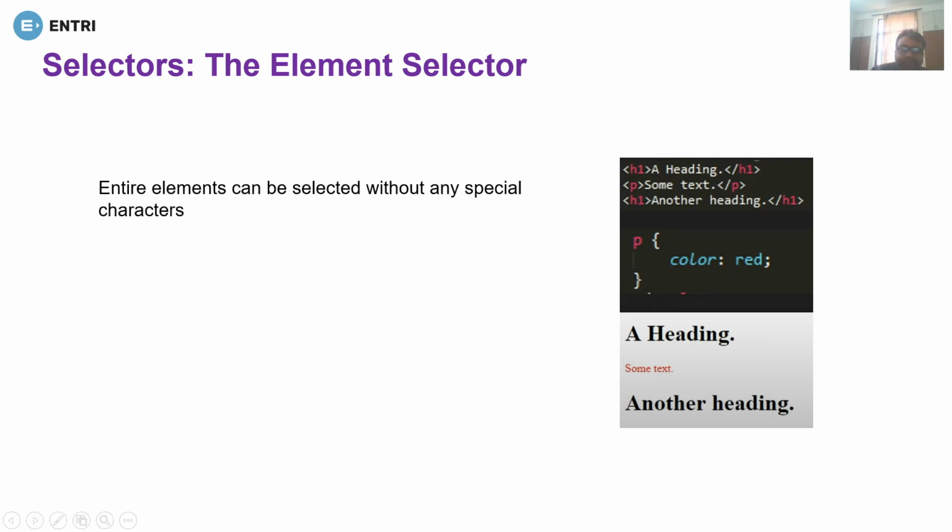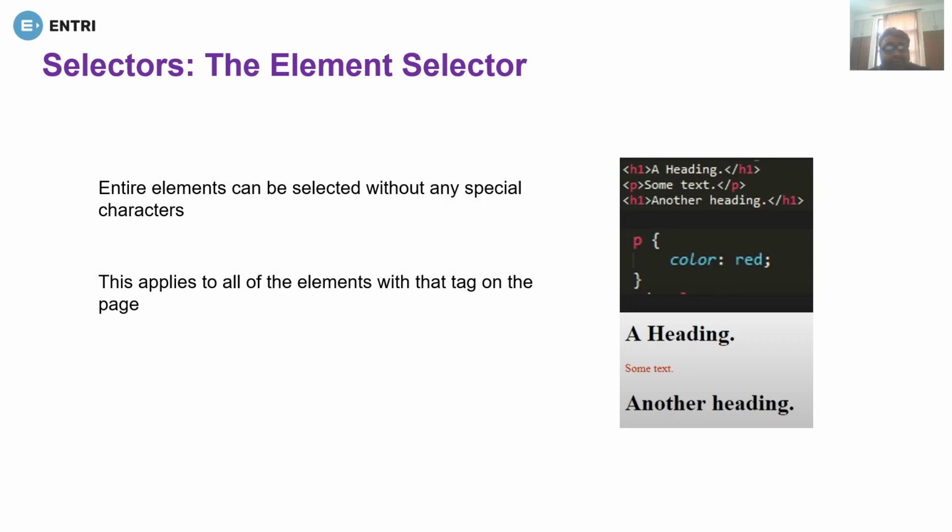Now, the entire element can be selected without any special characters. That means whenever we talk about this, all the elements of that particular document will be selected in this section. Okay. This applies to all the tags on the page. So if a page contains 10 paragraphs, then this particular property, that is color, specifying the color to red, will be applied to all the paragraphs of the whole page.